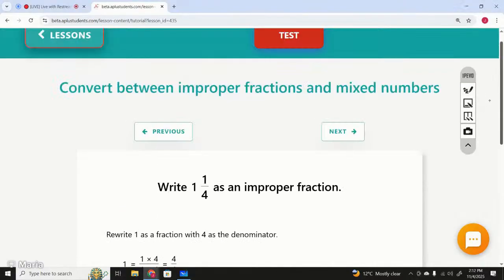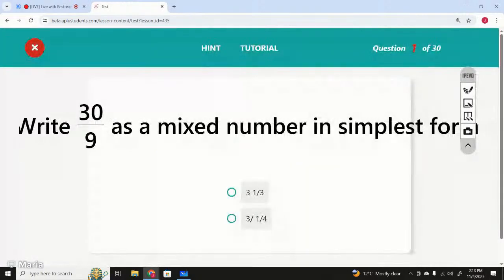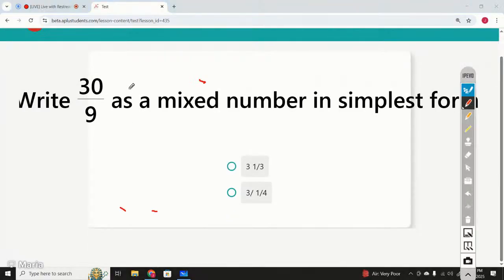Let's just start with the test questions. Write 30 by 9 as a mixed number in simplest form. So we need to write it as a mixed number. You can see the numerator is greater than the denominator, right?